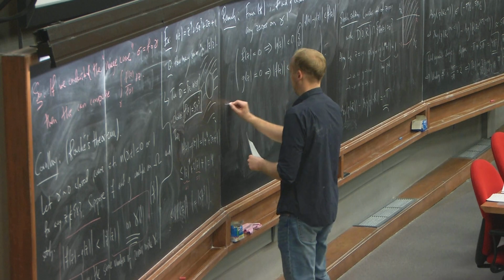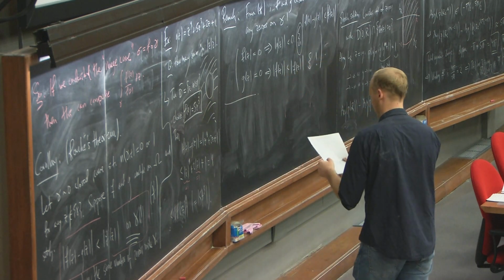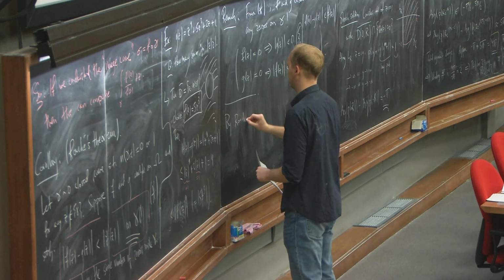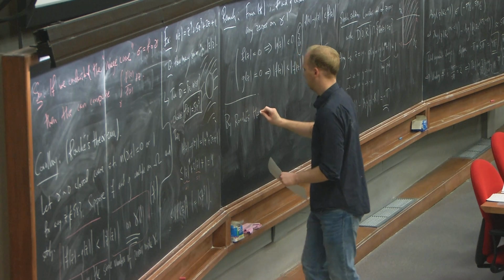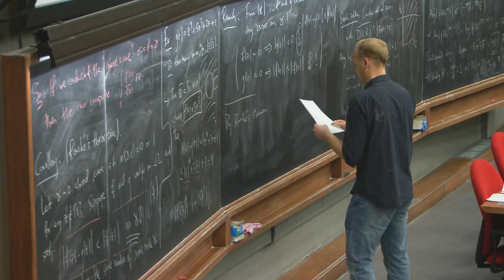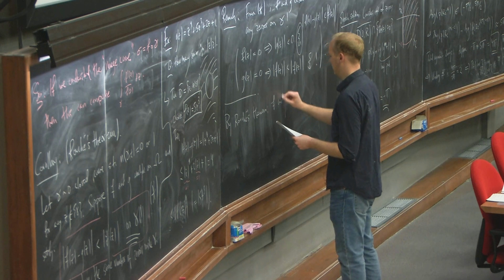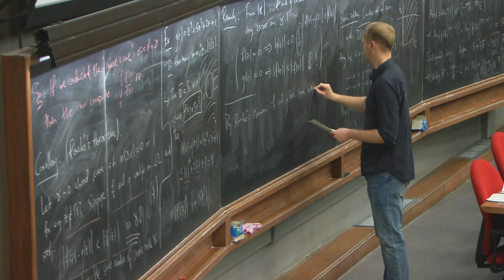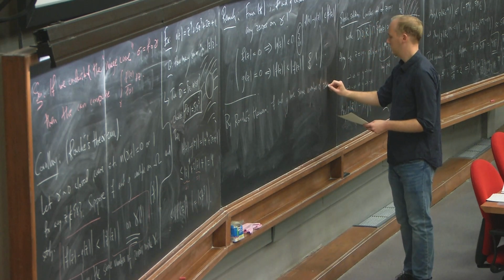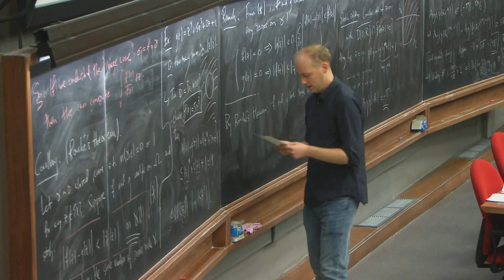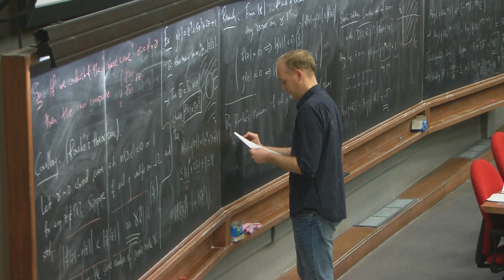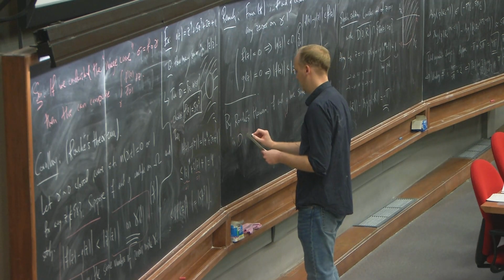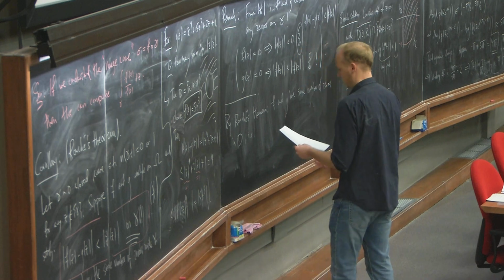So now let's conclude this theorem. Just by Rouché's theorem, we have now checked that everything applies. So F and G have the same number of zeros in D, which is what?